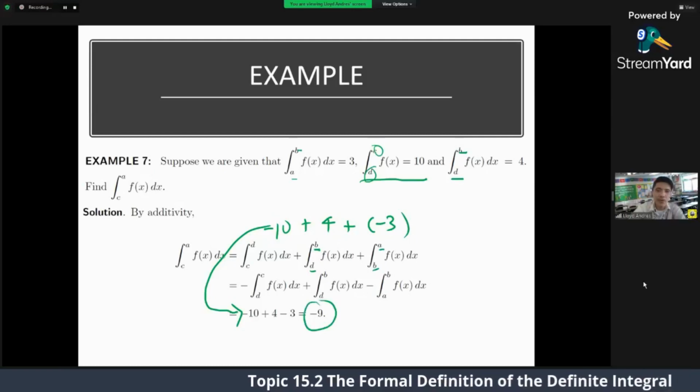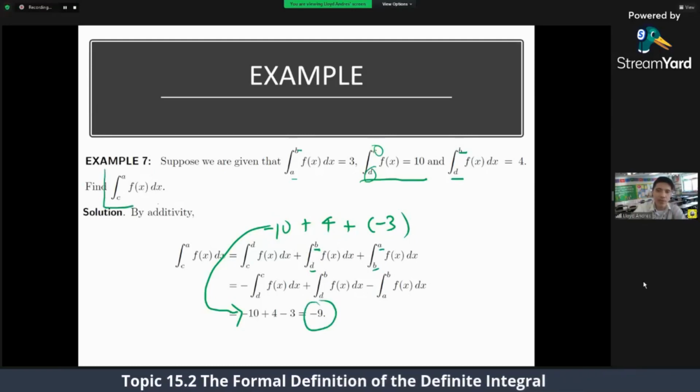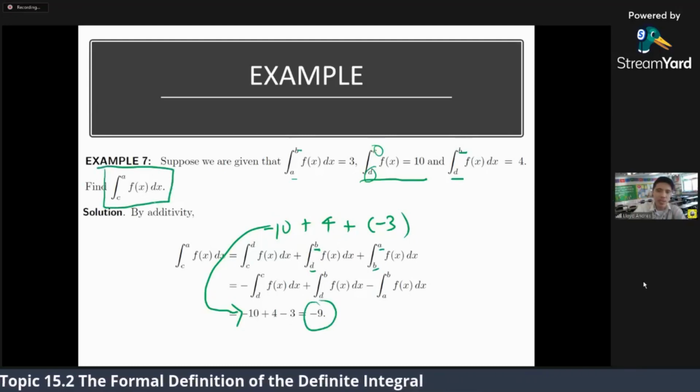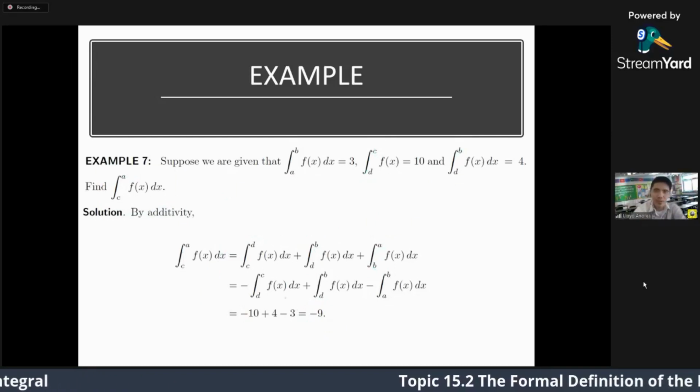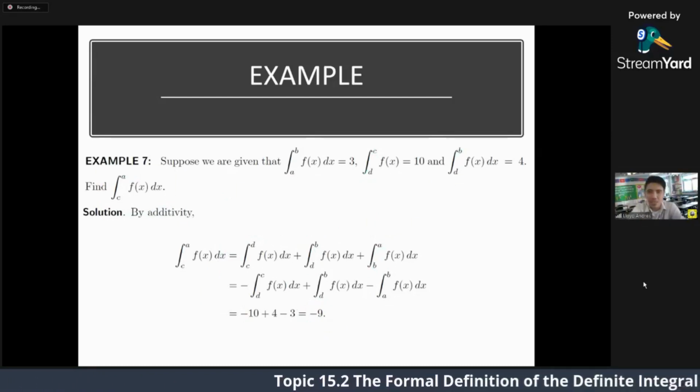So, therefore, the integral of f of x dx from C to A is negative 9. So that's how we solve it. It is a somewhat tricky problem.